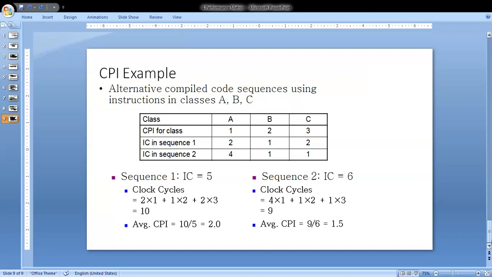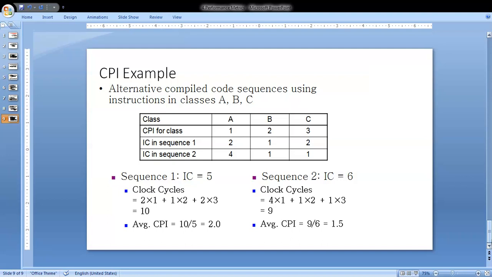CPI example. Alternative compiled code sequences using instructions in classes A, B, and C. Consider A, B, and C as different classes of computers having different clock cycles and instruction sequences.